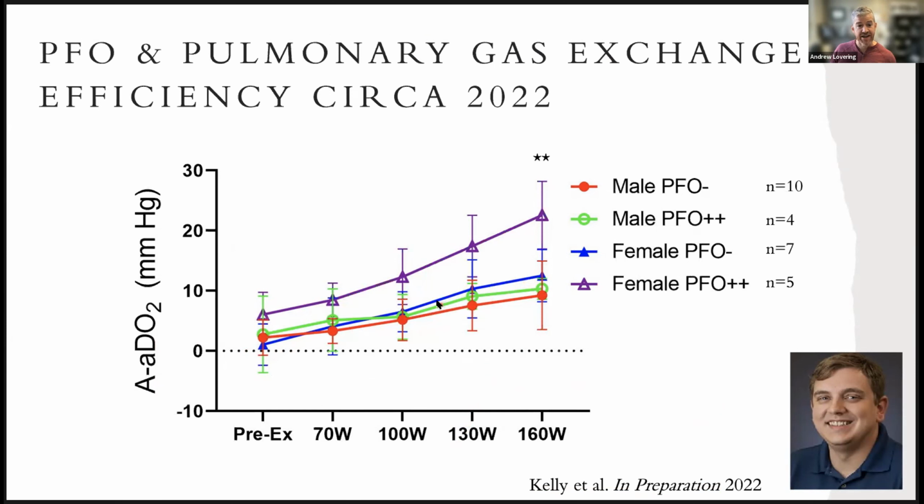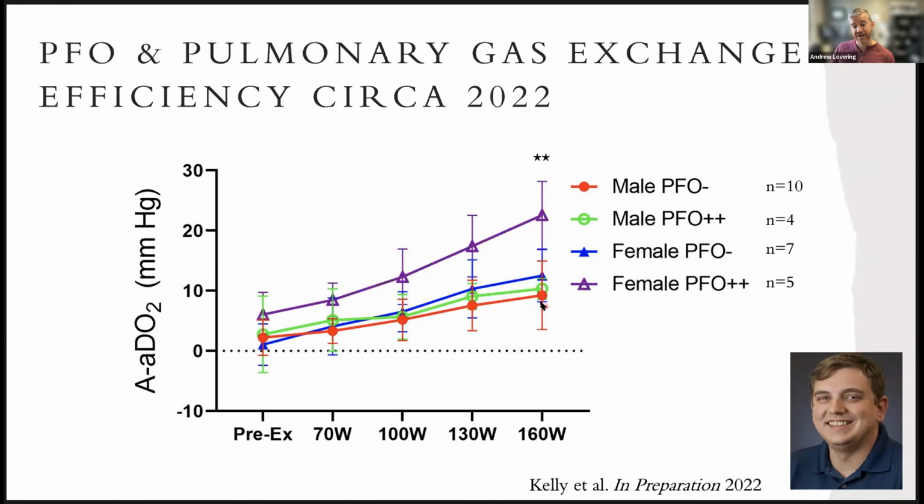However, what we're finding now is that in women with large PFO, so that's PFO plus, gas exchange efficiency seems to be worse than any of the other groups. And that would be males with a large PFO here in green, or females and males in the blue and red with no PFO.